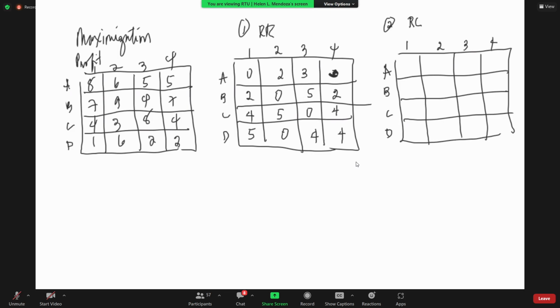Kasi kung may zero, madali ko lang yung tandaan, kukopyahin ko lang, tama. So mamaya na natin problemahin yung issue na ganun. Kopyahin muna natin, 0, 2, 4, 5, 2, 0, 5, 0, 3, 5, 0, 4. Wala namang issue. Pero yung fourth column, 3, 2, 4, 4.